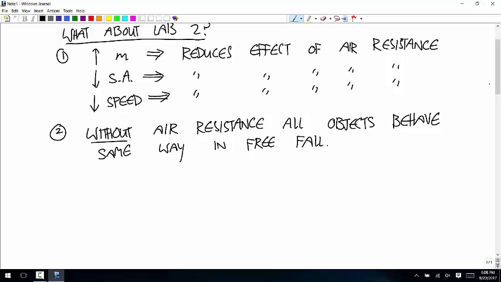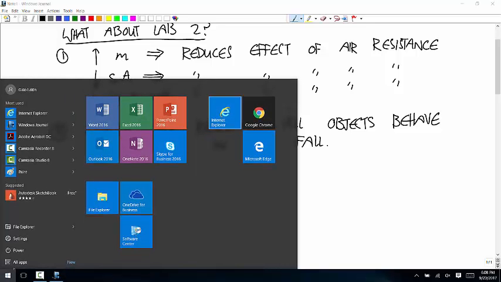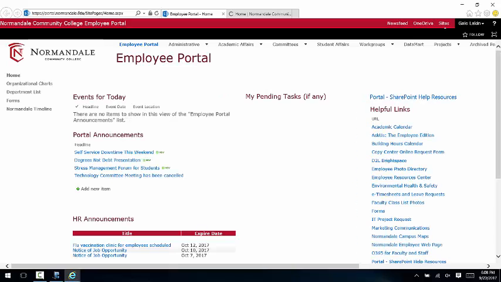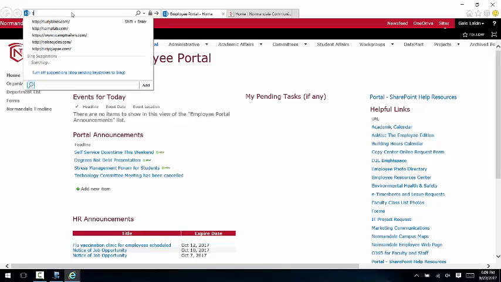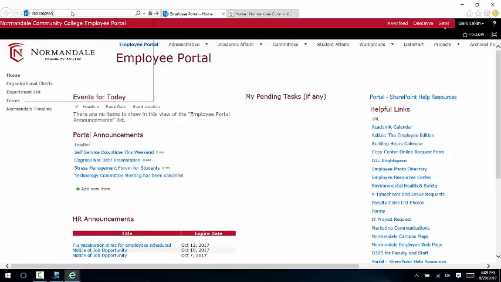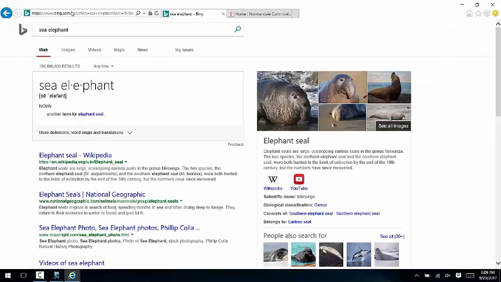What's a sea elephant? Well, sea elephant. I think that's an elephant seal. I think that's an acceptable alternative name, possibly.